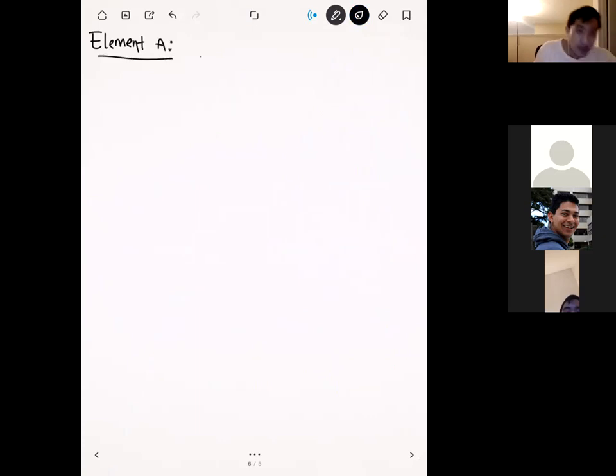Since we're in a 2D situation here, the first thing you want to write down is what is the angle for this element. It's very tempting to just write 30 degrees because that's what's shown in the figure. But let me redraw the element A here for you.